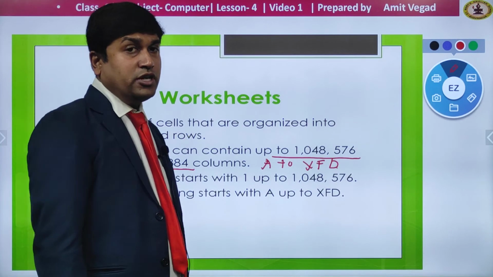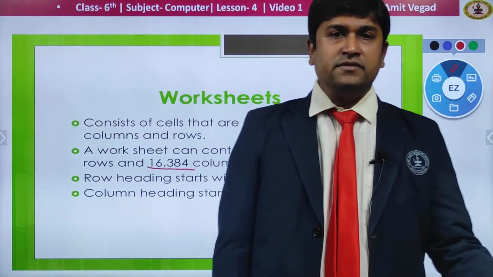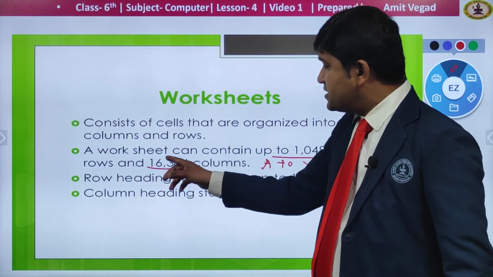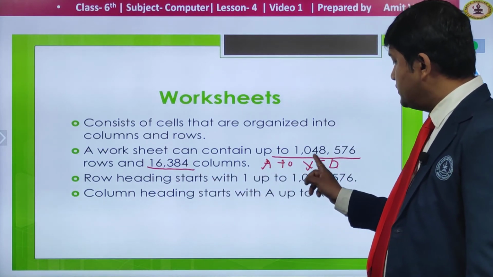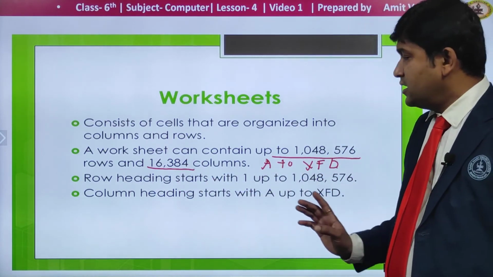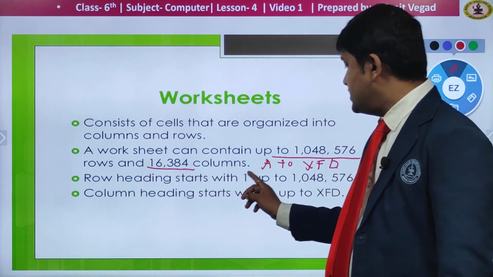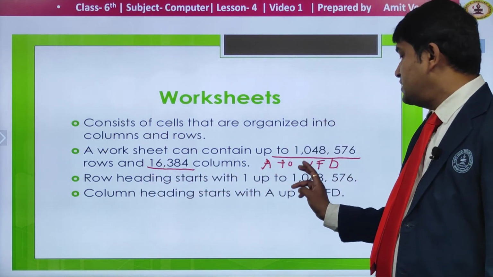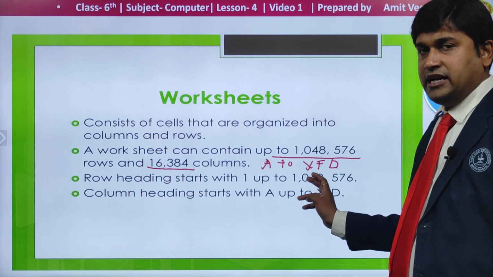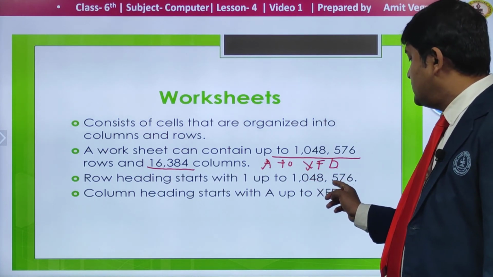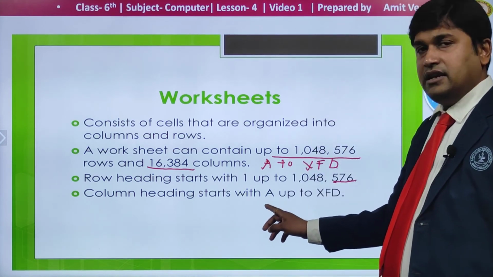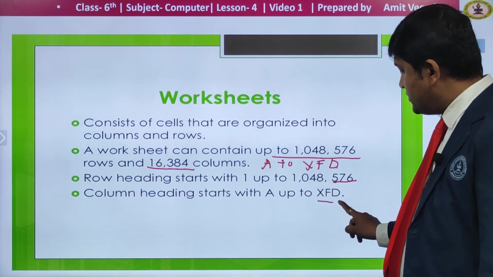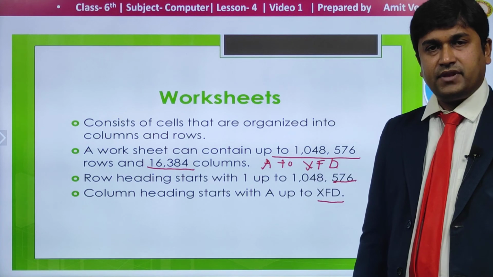Suppose they ask the total number of columns in one workbook, you can write 16,384, otherwise A to XFD. Row headings start with the first number till the last number, 10,48,576, and column headings start with the letter A and the last is XFD. Clear?